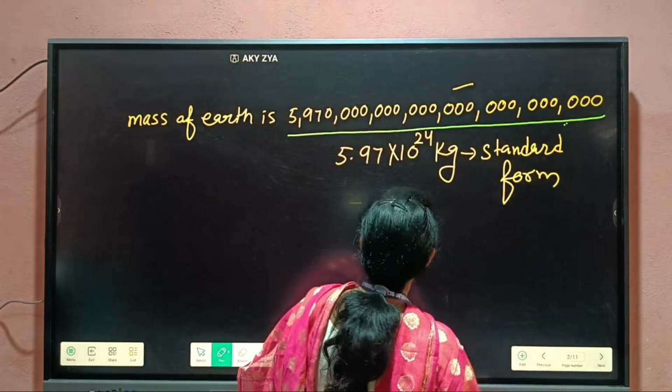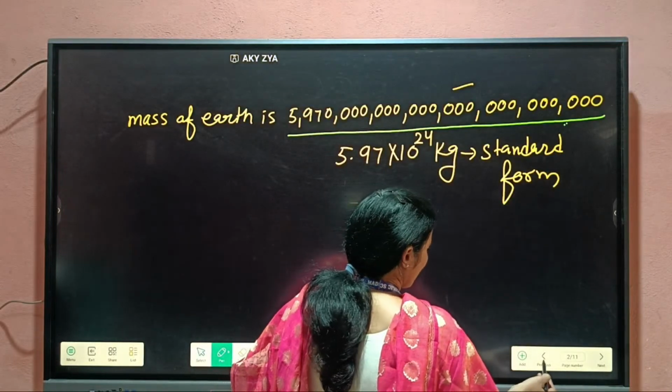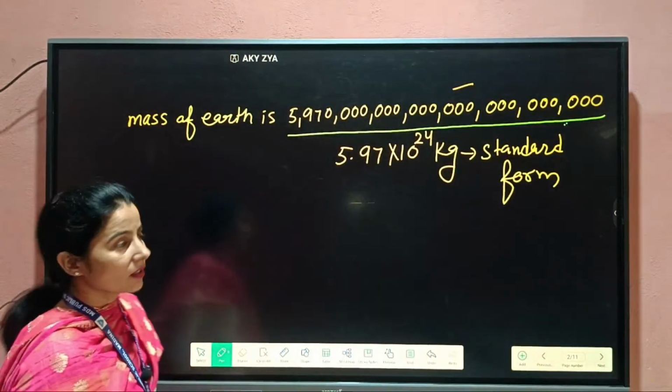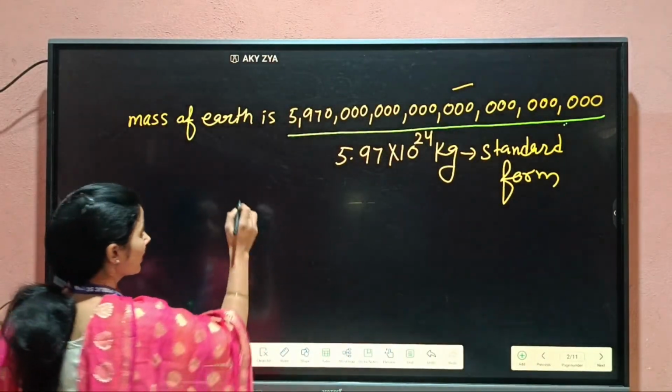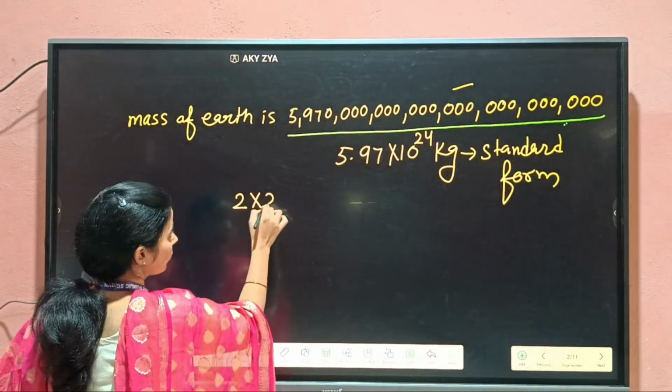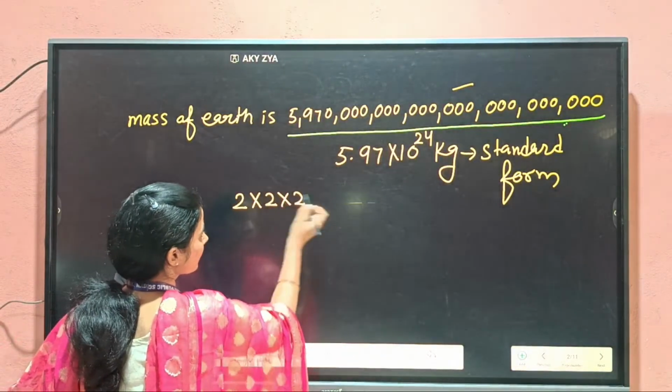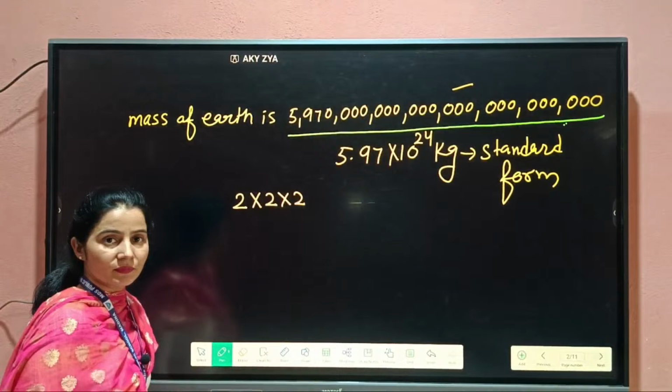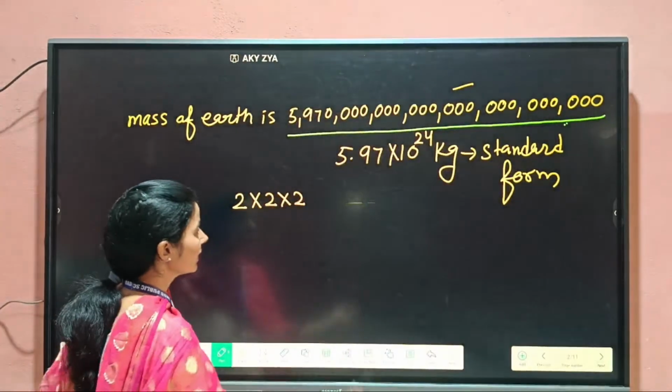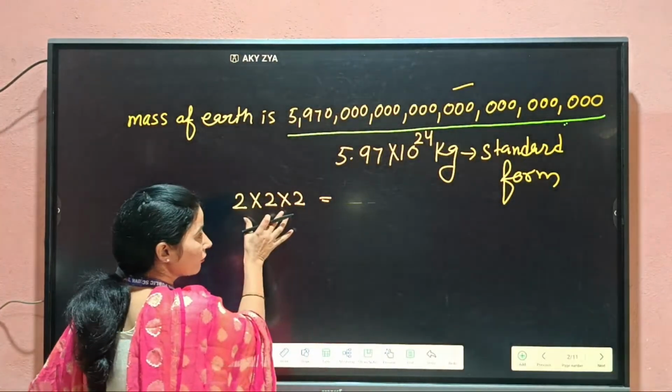Okay, now see, there are some laws of exponent. Before laws of exponent, let us see how we can write them in exponent form. This 2 into 2 into 2, 2 multiplied 3 times, is the usual form.